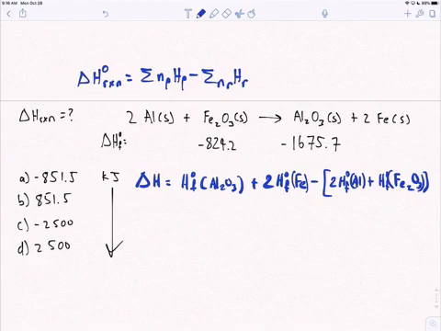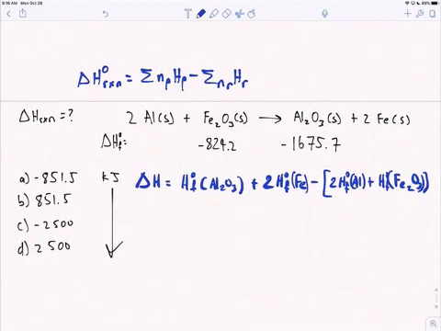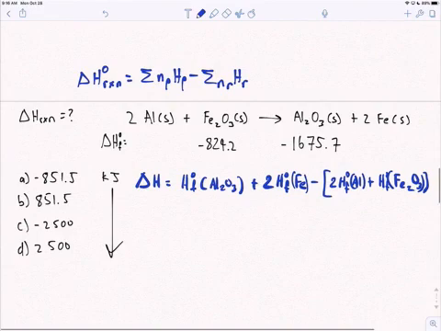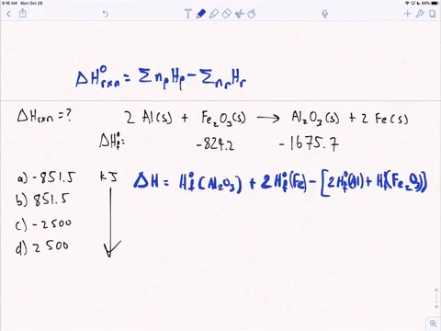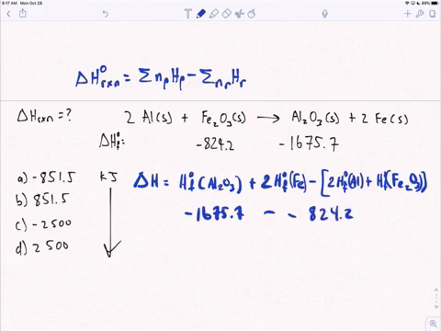And that's the product. So the coefficients are 1 and 2. These are the reactants, so minus the reactants. Here are the reactants, 2 and 1. And then just put in the numbers. There's no O3, just Fe2O3.